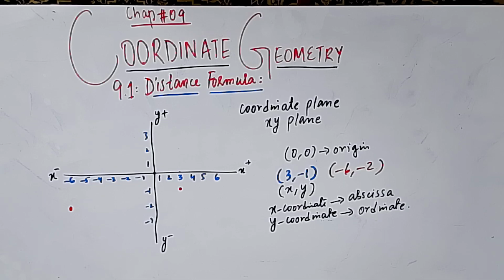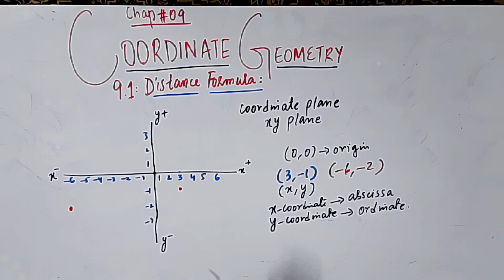So the coordinate system consists of xy values, x-axis, y-axis. There is an origin as well. One more thing which is very important over here is quadrants: quadrant 1, quadrant 2, quadrant 3 and quadrant 4. Whenever we plot the points, we also tell in which quadrant the point lies.